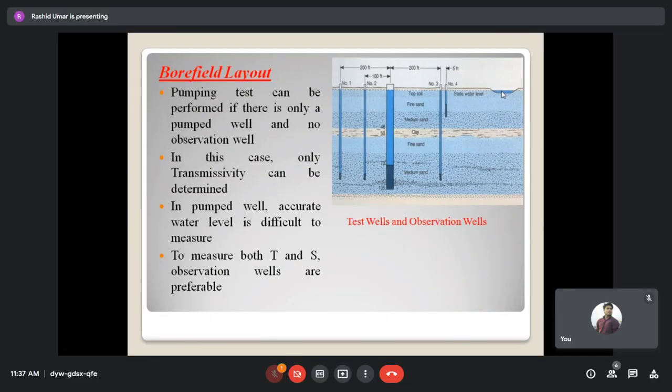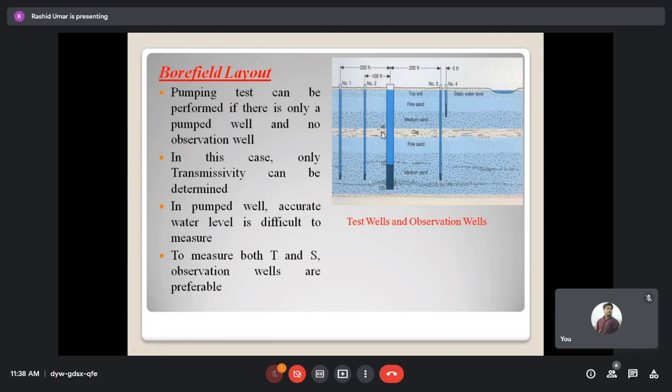What I'm going to discuss is the distance drawdown, and what data we use in distance drawdown. So this is the pumping well, and this is the potentiometric surface here. This black part is the screen part of the well, from where the water is entering into the well.